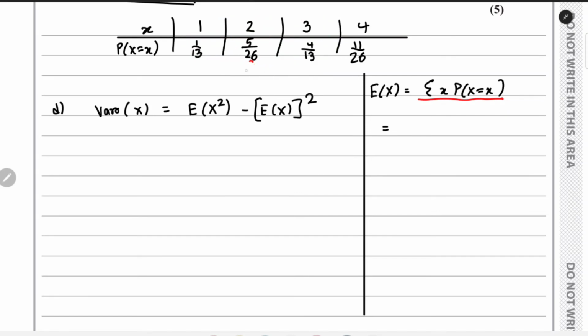So 1 into 1 by 13 plus 2 into 5 by 26 plus 3 into 4 by 13 plus 4 into 11 by 26. This value will come out to be 40 by 13.